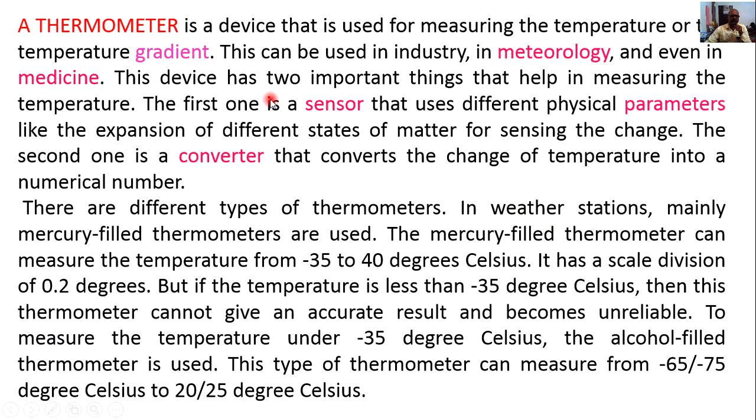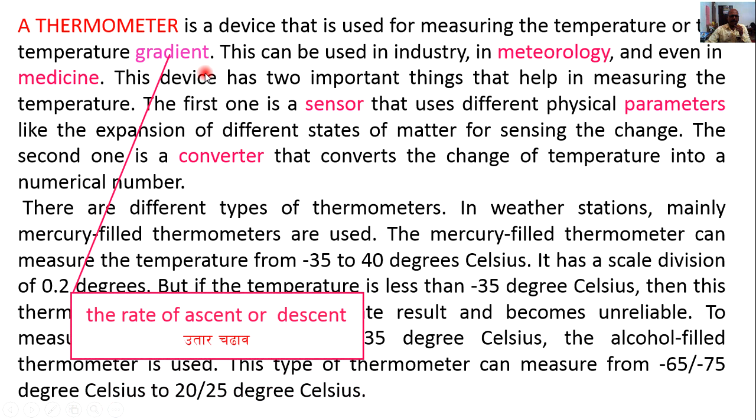A thermometer is a device that is used for measuring the temperature or the temperature gradient. Here gradient means the rate of ascent or descent, which is the meaning of gradient.